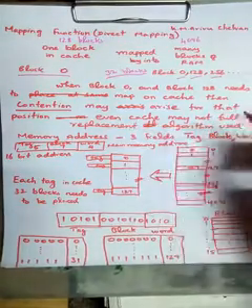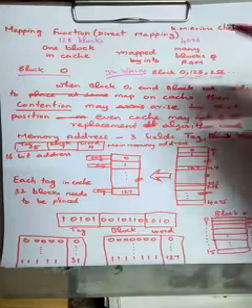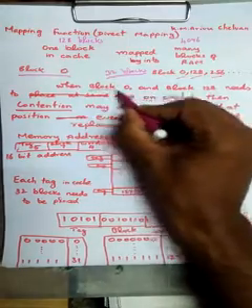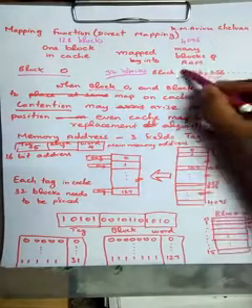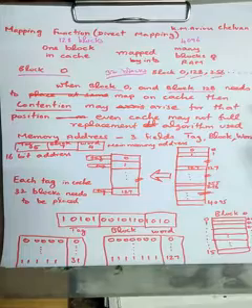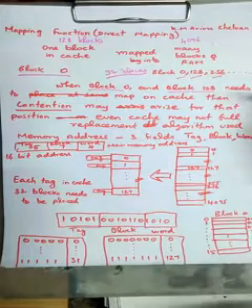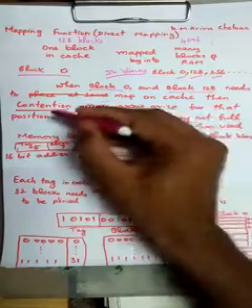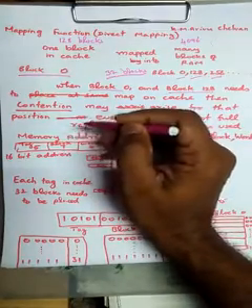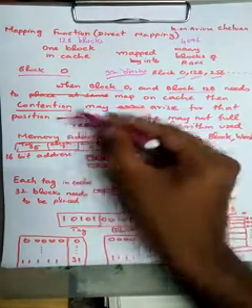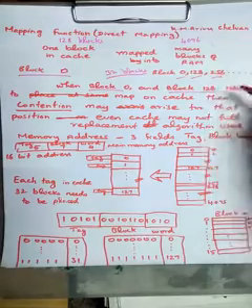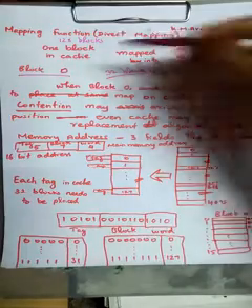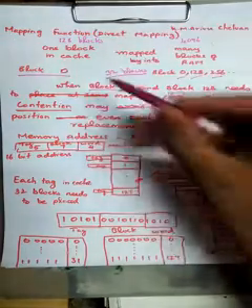In case block 0 and block 128 of RAM, that is main memory, need to be accessed at the same time, then a contention problem will occur. Contention is a problem when one or more blocks of RAM need to access a particular block in cache.